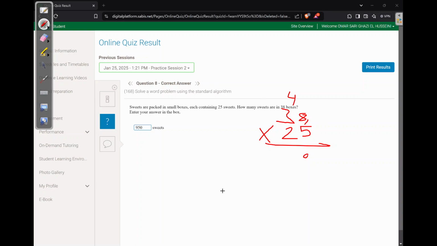We just add that 4, so 19. 2 times 5 is 10. And the 1, that's 7. Okay, now here's 0, and now here's a 5. And now we added that's a 2, and now 950.